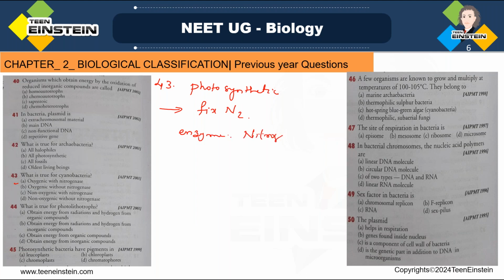Nitrogenase, right? And which type of photosynthesis do they show? Oxygenic photosynthesis. So among the four options, which is correct? Option A, oxygenic with nitrogenase. You can see the presence of the nitrogenase enzyme, and it does oxygenic photosynthesis. Clear? That's how you need to choose the option.